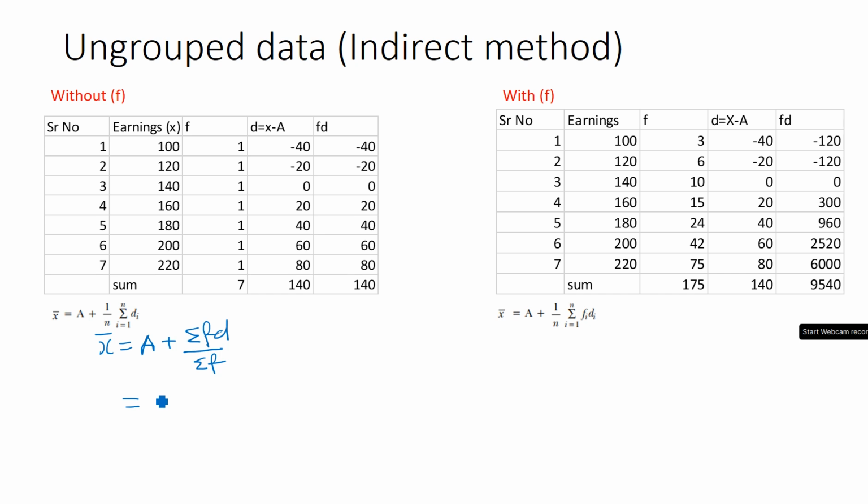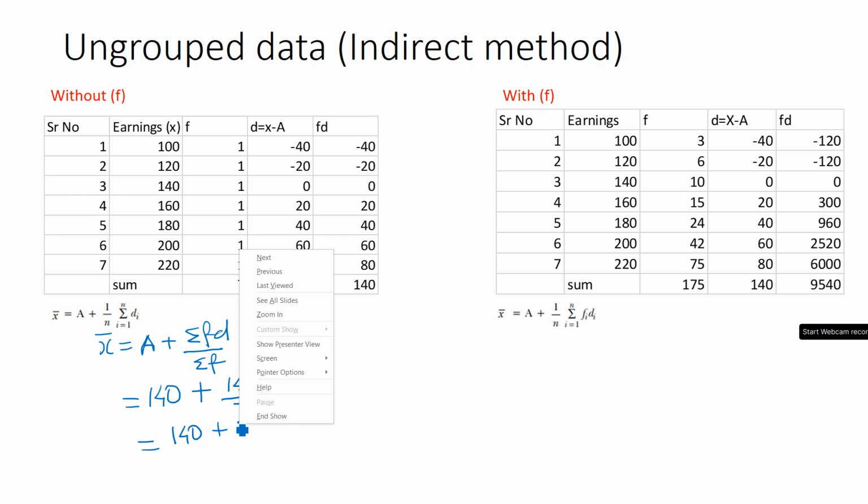What was our assumed mean? If you remember, we considered 140 as our assumed mean, plus summation fd was 140 divided by 7. So if we go ahead and calculate, it would be 140 plus 140 divided by 7, which is 20, and my x bar is 160.